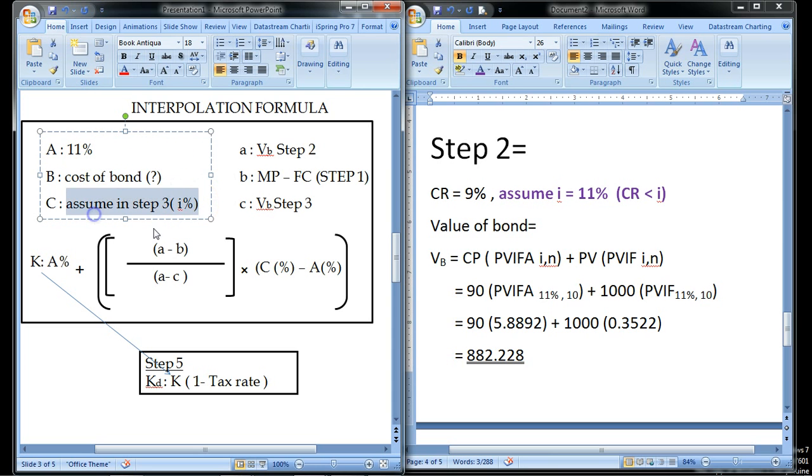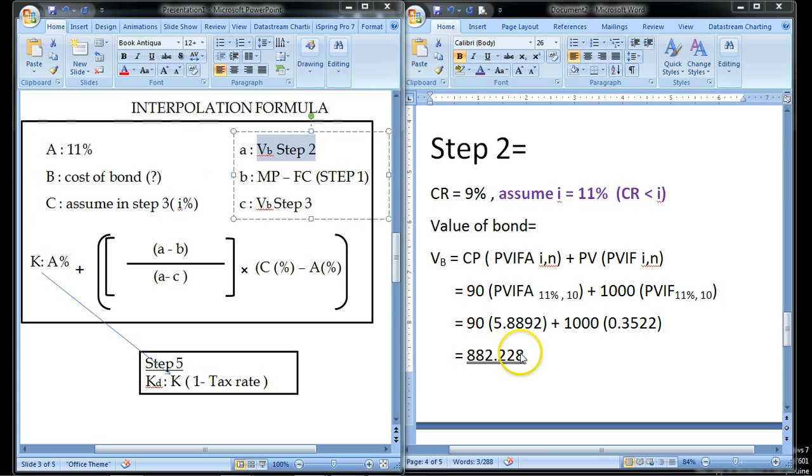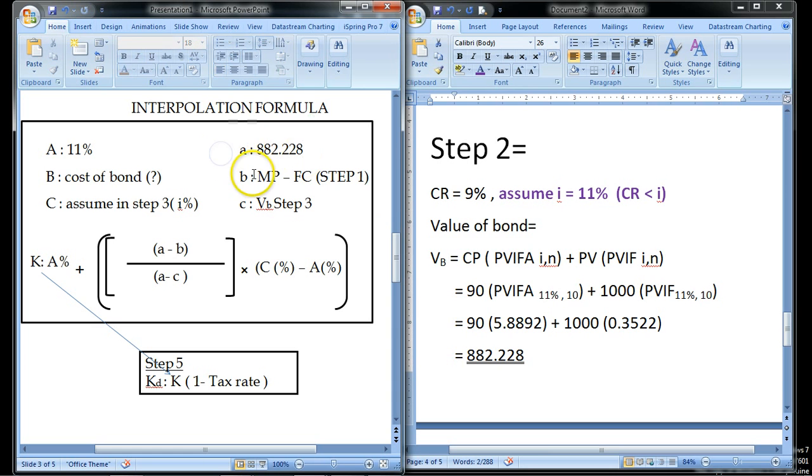Just now, in step 3, assuming 11%, how much is the value of bond that you got? Yes, it is from step 2, 882.228. Clear? Good.